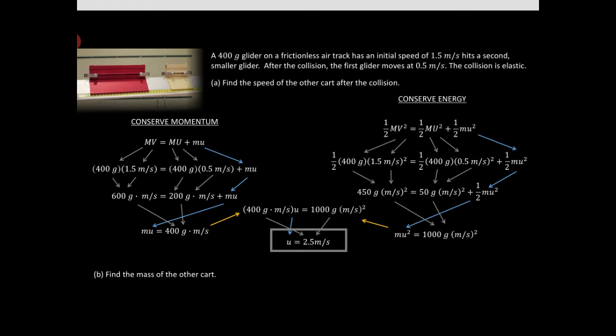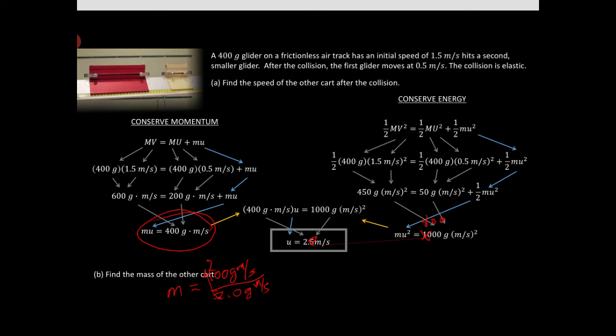Okay, so I don't have to go any farther except to note that for some reason when I did this before, I added those instead of subtracted. So that's 800. Now that we have those, we need to find the mass of the other cart. We come back to this one, so the mass is equal to 400 grams meters per second over 2.0 meters per second.